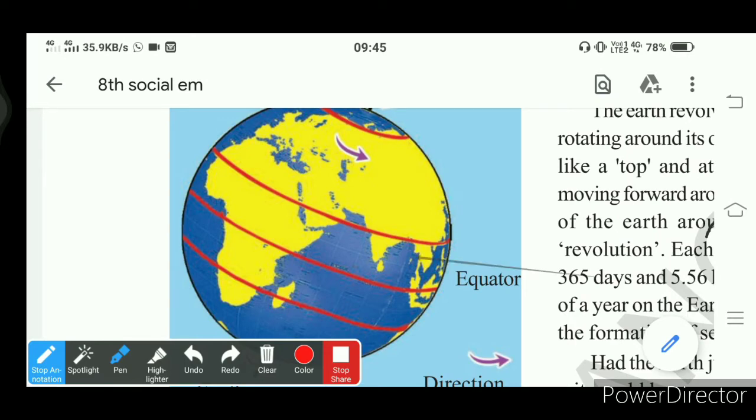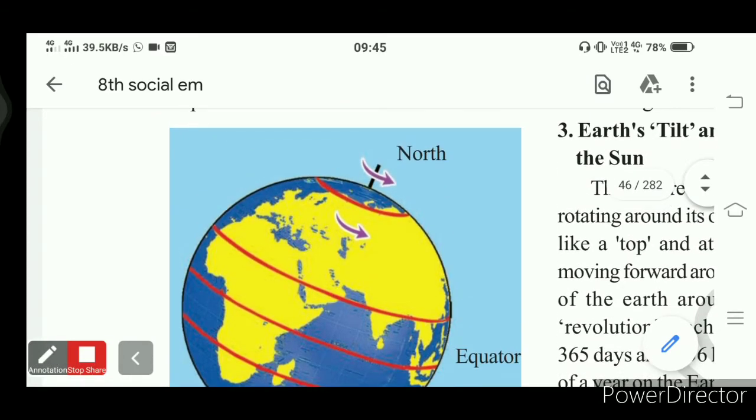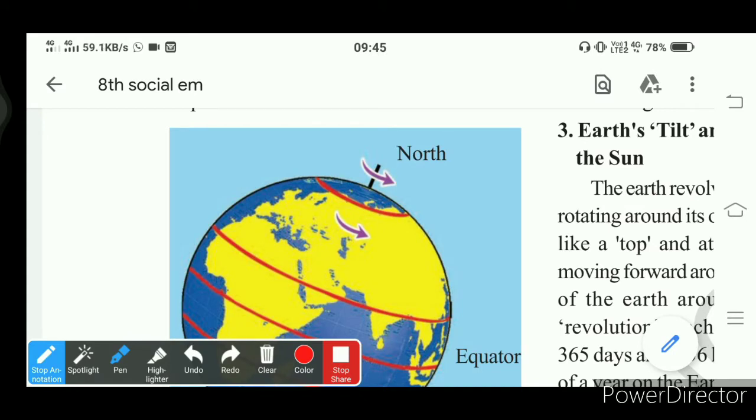At one place it falls straight, right? This is the place because here it falls directly, and in the other area here it falls slantingly, that is, there is an angle, right? Here you can see that angle. See here the sun rays are falling like this. Here it falls like this, that is more, it is not a straight line, it is crossing as the rays are going in this way.